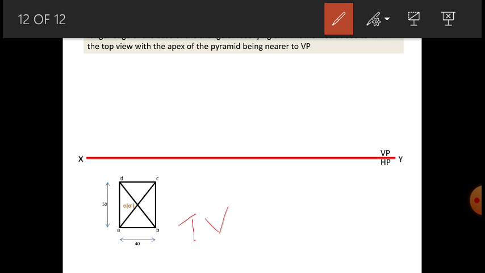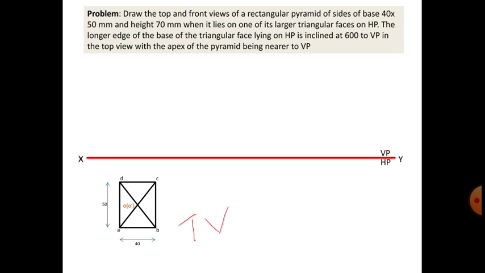Now what we'll do is bring the front view by projecting the lines AD and BC above the axis and the center line O dash. What is the height given of the pyramid? That is 70 mm.